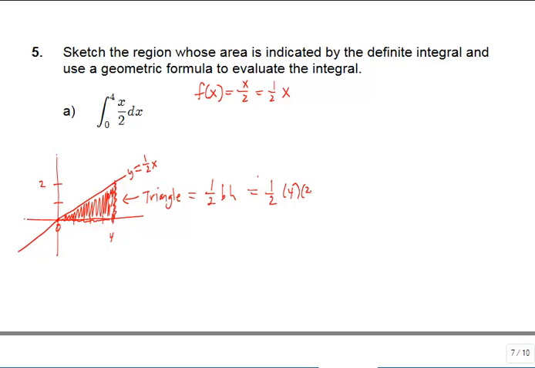So this height is 2. My 2's cancel, so my area is just 4, which means this integral is just 4. So we were able to calculate the value of this integral without doing that whole limit definition of the area, because we ended up with a nice geometric shape and we already had a formula for that shape.